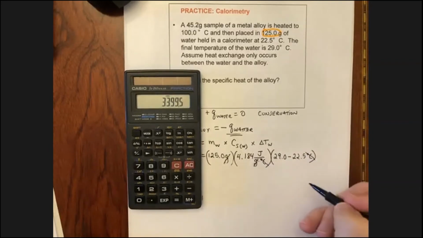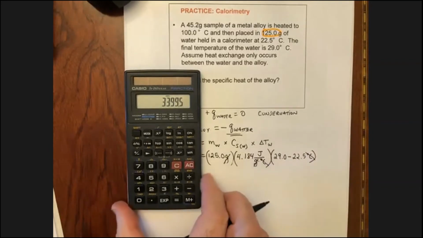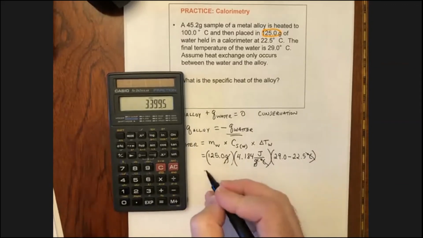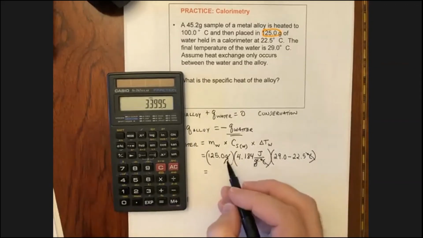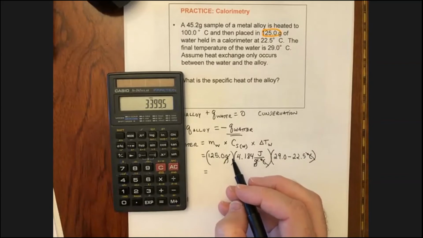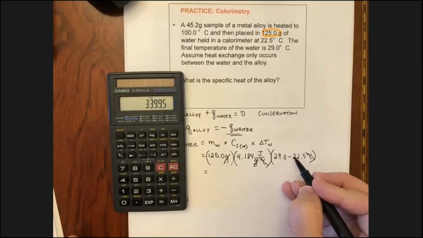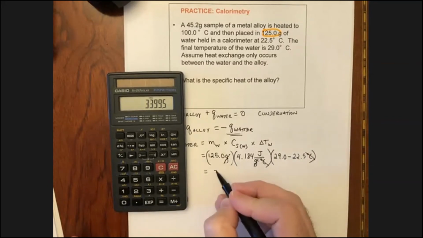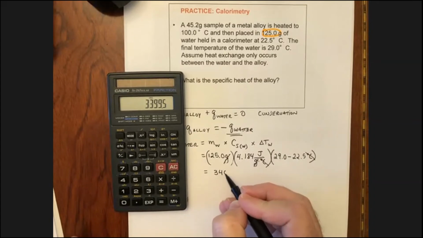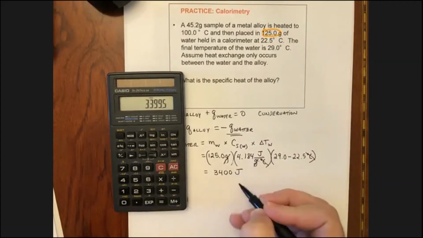Degrees Celsius with degrees Celsius. So this number essentially equals 3,399.5 joules, but because the sig figs were limited by this difference here, we had to round that to 2 sig figs, so that'll be 3,400 joules of energy.